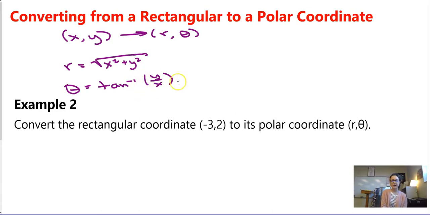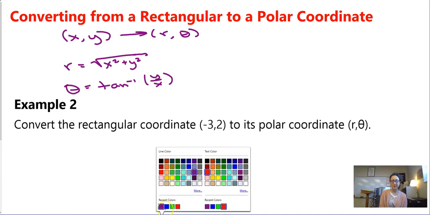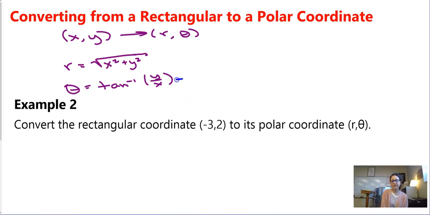But if you are using a graphing calculator or calculator of some kind to determine this theta value, be really careful, because remember that your calculator does not know what quadrant you're in. So I'm going to put a little asterisk here. Remember that you're going to have to adjust. If I'm in quadrant 1, we're good.